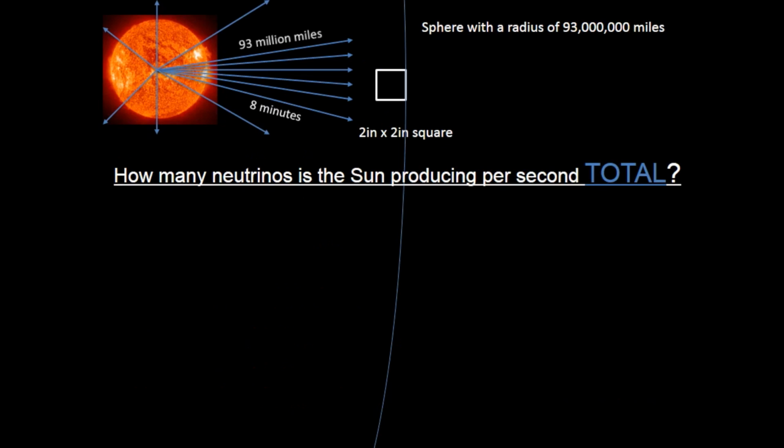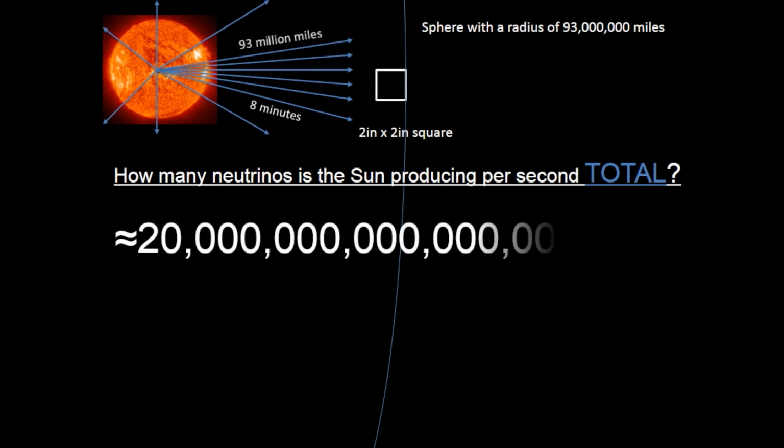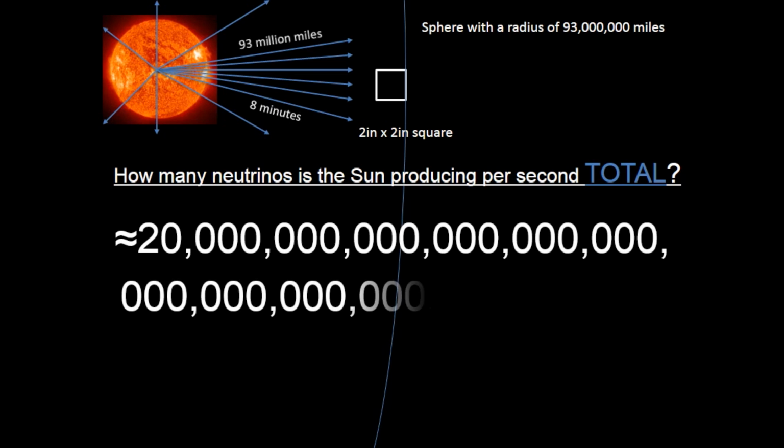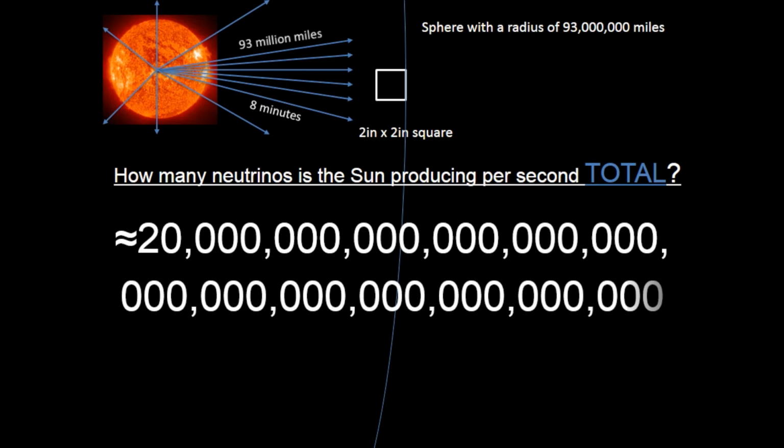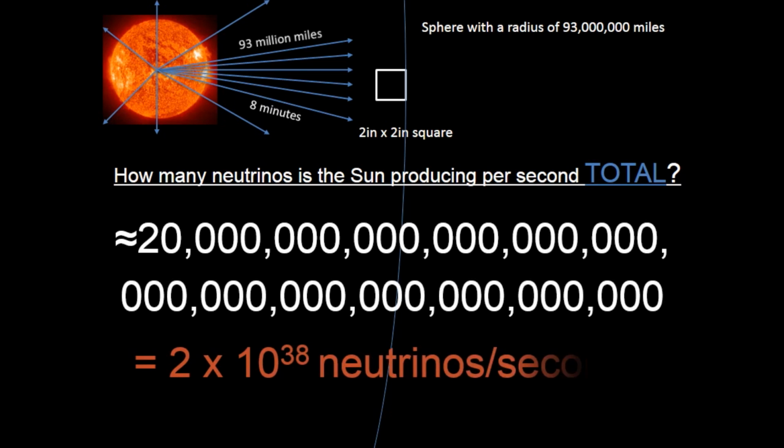And the sun doesn't just point its neutrinos at me. That would be rude, right? It does it isotropically. So you can turn that number that I just showed you into a total number by just the ratio of these areas, and this is it. Per second. That's how many neutrinos the sun is producing.